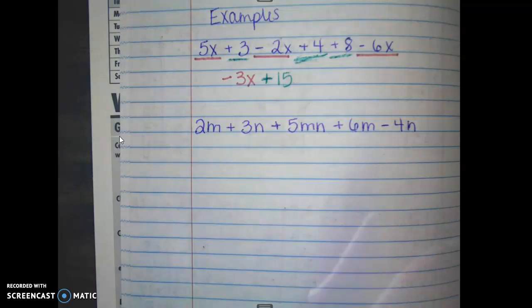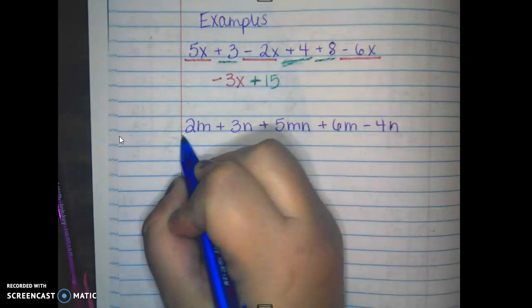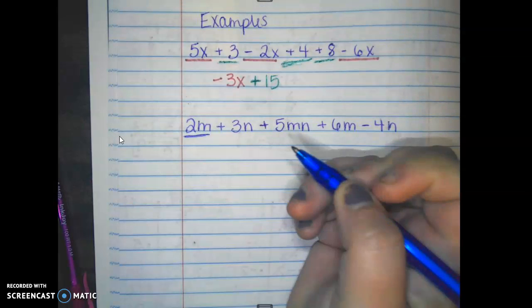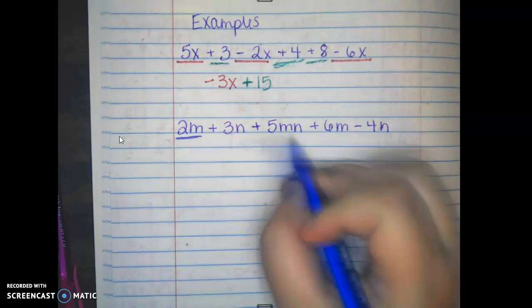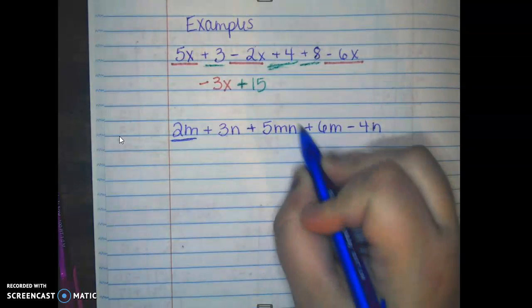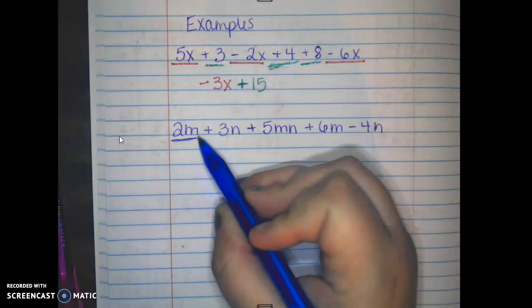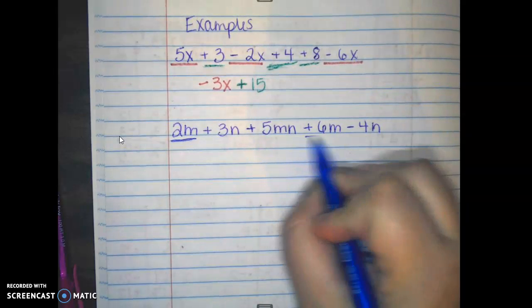Trying to find different colored pens for us here. All right, so I have an N, an M. Does that look different? Yeah, it looks different in the video. This has MN. MN is not the same as just an M. And then there's an M.